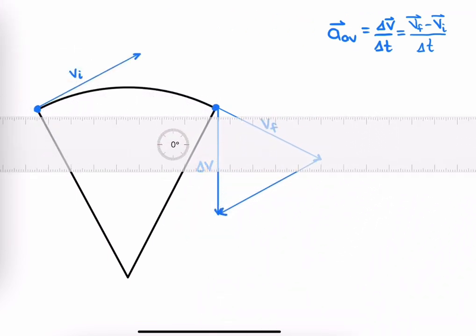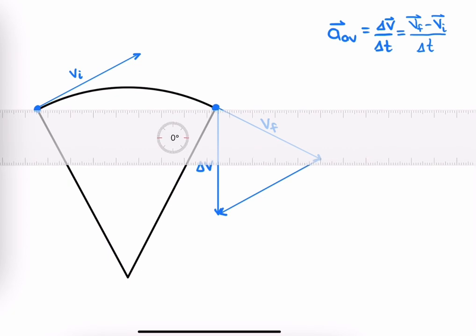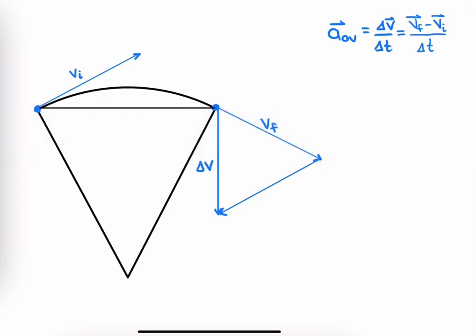But for now, I want to make that curved edge go away and pretend that this black one is an actual triangle. This might seem a bit sketchy, pretending this is a triangle when it clearly isn't, but I'll describe later on in the lesson why I think that's an okay approximation to make. Remember, a lot of physics is not about being able to solve absolutely everything, but being able to figure out what things you need to solve and what things you can ignore.